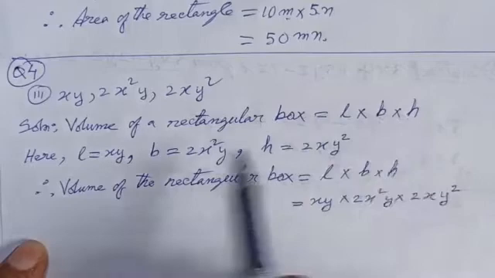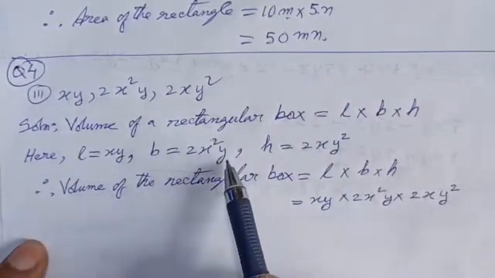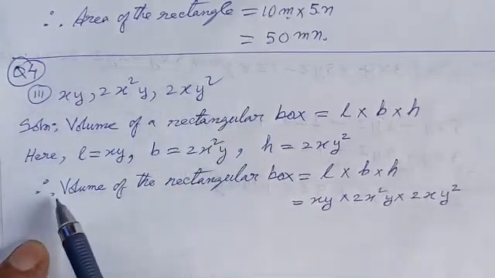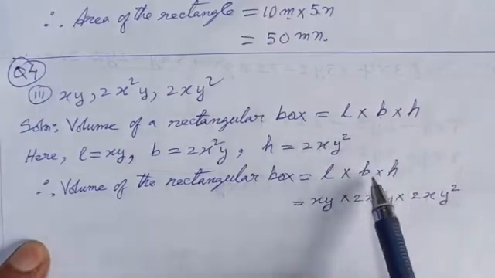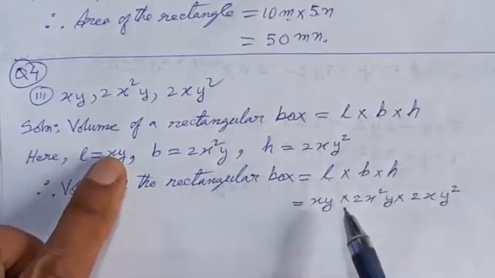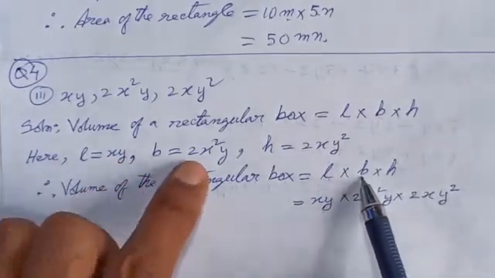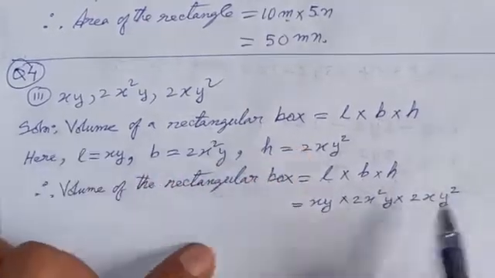Here length is xy, breadth is 2x squared y, and height is 2xy squared. Therefore volume of the rectangular box is equal to length into breadth into height. Length we are writing as xy, into breadth 2x squared y, and height 2xy squared. Now let us multiply this.